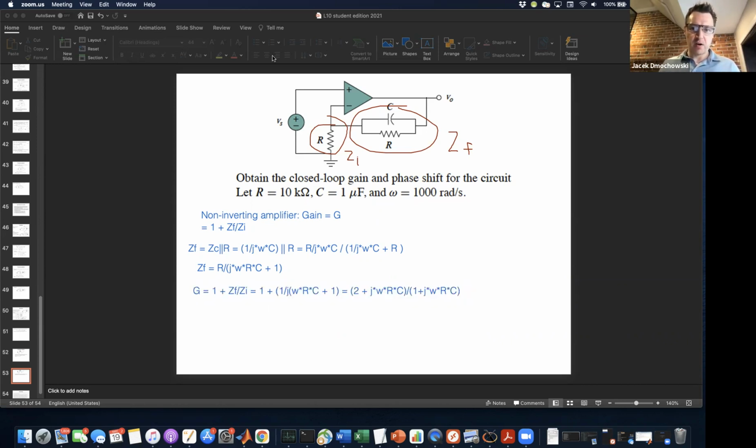So all we need to do now is plug in the values: omega equal to 1,000, R equal to 10,000, and C equal to 1E negative 6. And when you evaluate all that, you get the following number in polar notation. And therefore, the closed loop gain is equal to 1.015, and the phase shift is equal to negative 5.6 degrees.